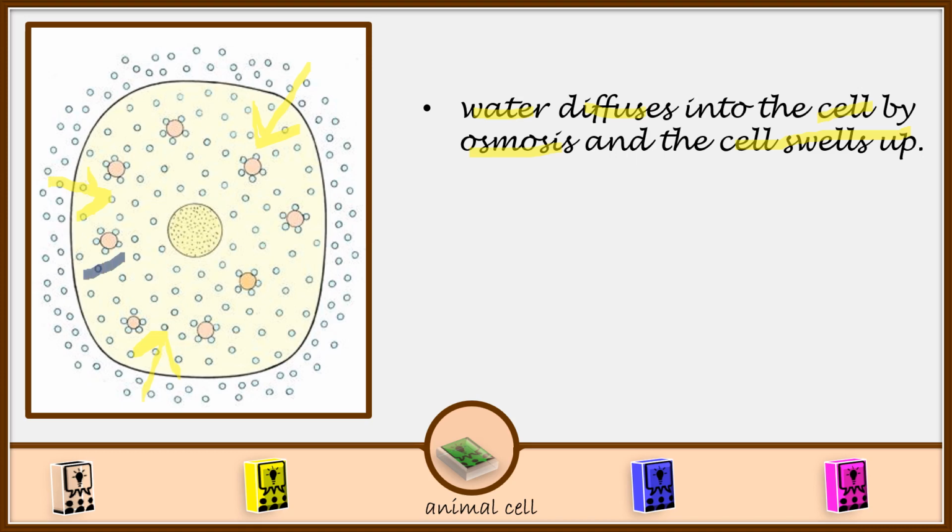And that water inside the cell will now exert a certain pressure on the cell membrane. As it exerts pressure on the cell membrane, the cell is going to swell outward because of water diffusing into the cell by osmosis.